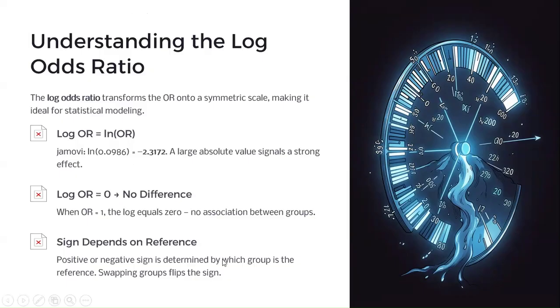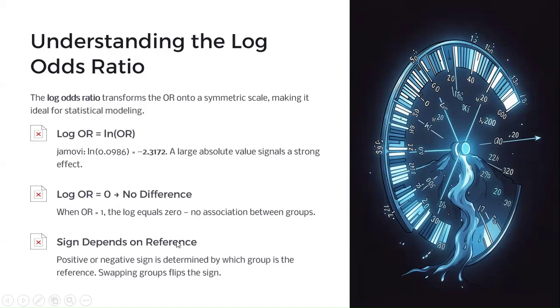The log odds ratio is simply the natural logarithm of the odds ratio. In Jamovi, we see the log odds ratio turns out to be minus 2.3172. A log odds ratio equal to 0 would mean no difference between the groups.